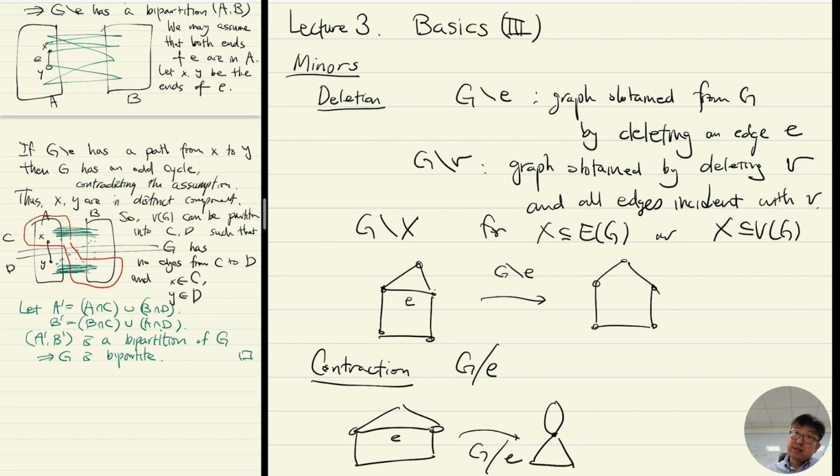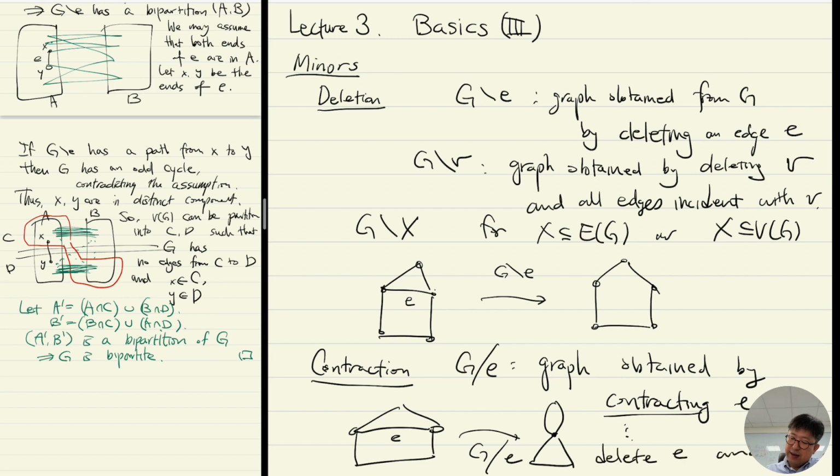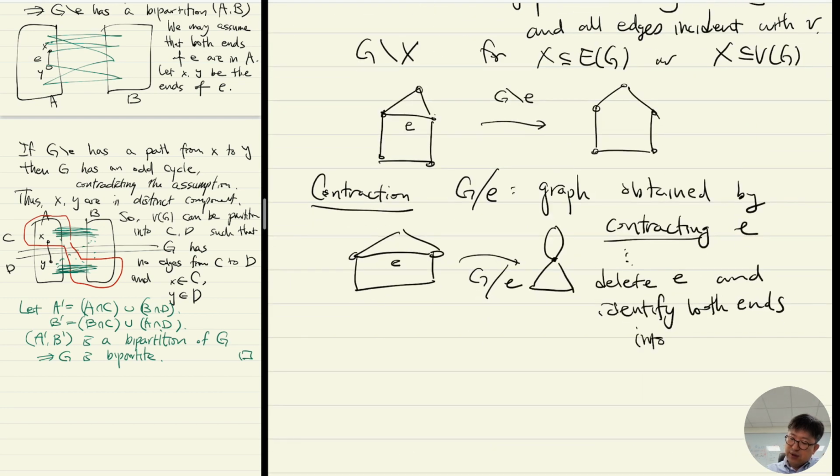So the number of vertices is reduced by 1 if E is not a loop, and the number of edges is reduced by 1. So it's the graph obtained by contracting E, that is, to first delete E and identify both ends into a single vertex.